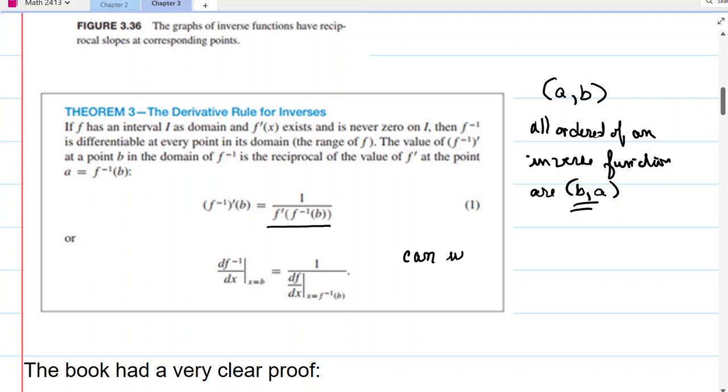We can use the derivative of the function as f prime of a, write the reciprocal value.